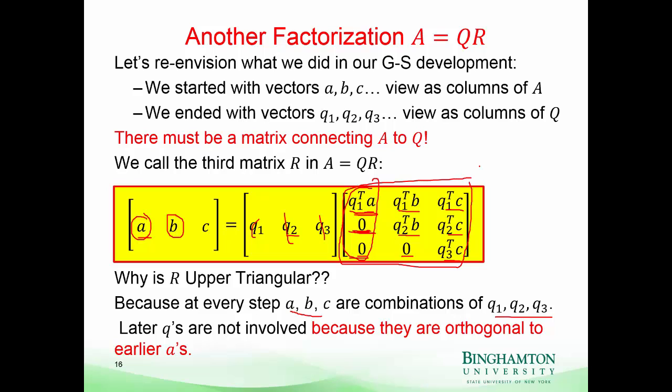So it lies somewhere so that it interacts with both Q1 and Q2, but Q3 is orthogonal to that subspace. So we end up with the 0 down here. So this is a very important structure. The Q matrix is an orthonormal matrix because we've normalized it, and the R matrix is upper triangular.